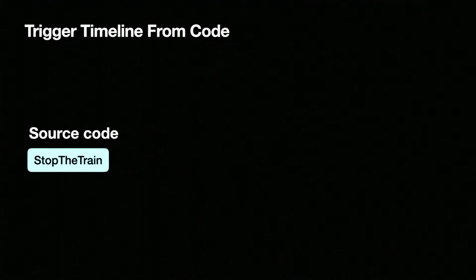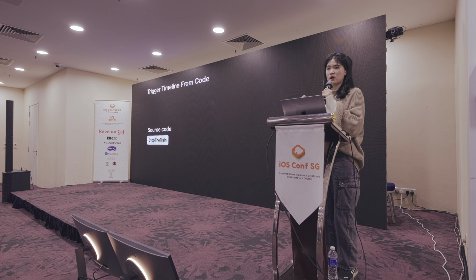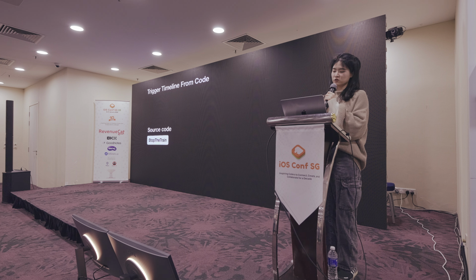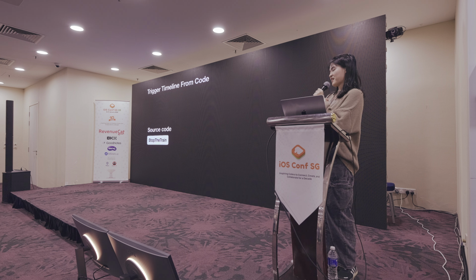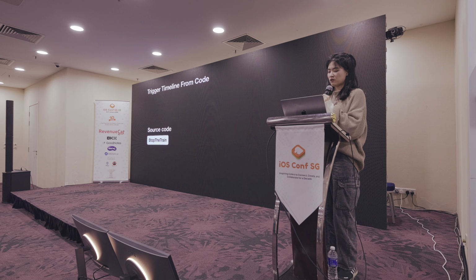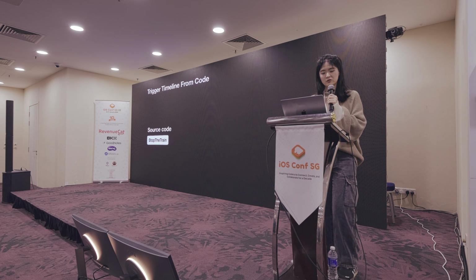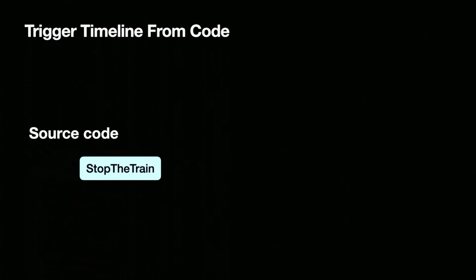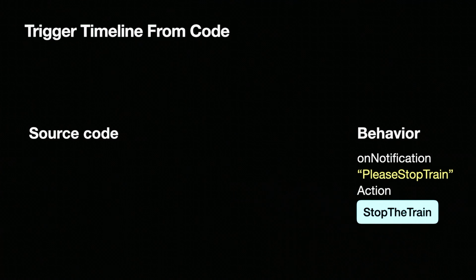Let's say I have this stop the chain timeline, and I want to call it from my source code. Can I do that? I cannot. I don't have access to any reference in the Reality Composer Pro. But we can utilize behavior. We can set up an entity with these behavior components and have it be triggered on notification.